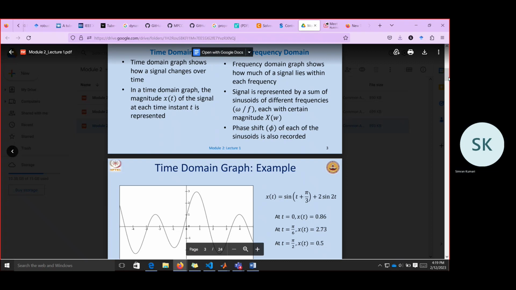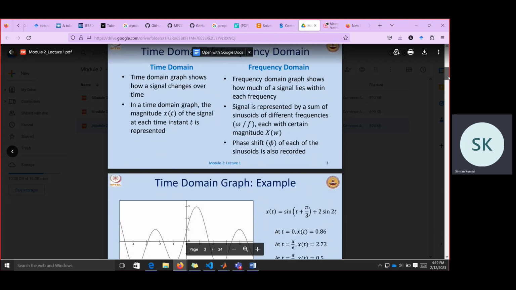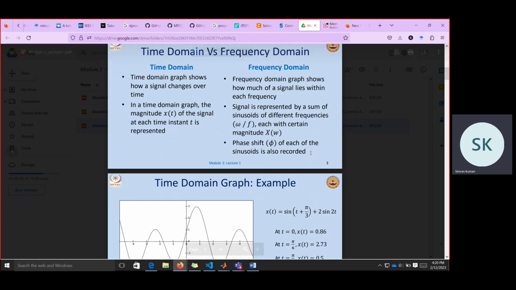Why are we dealing with those signals? When we go to the frequency domain or time domain, we choose these sinusoidal signals.